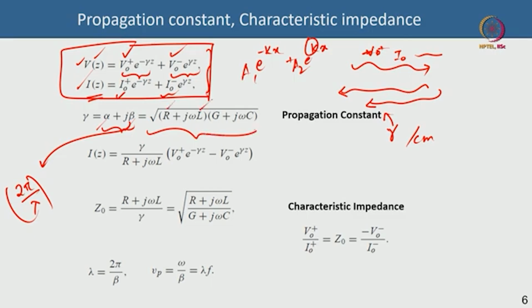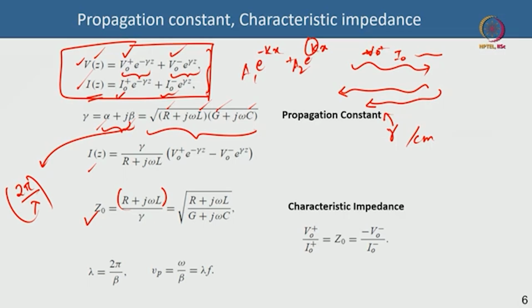Again you see R, L, G, C, these are the discrete lumped elements of that particular delta Z segment. Of course you can simplify it. The characteristic impedance Z naught is now given by R plus j omega L divided by the propagation constant.